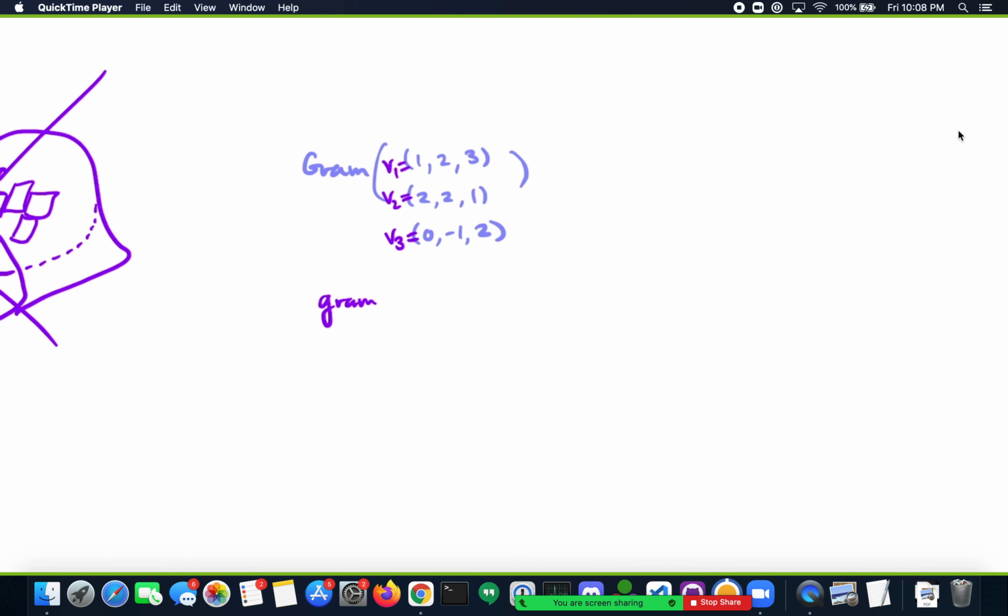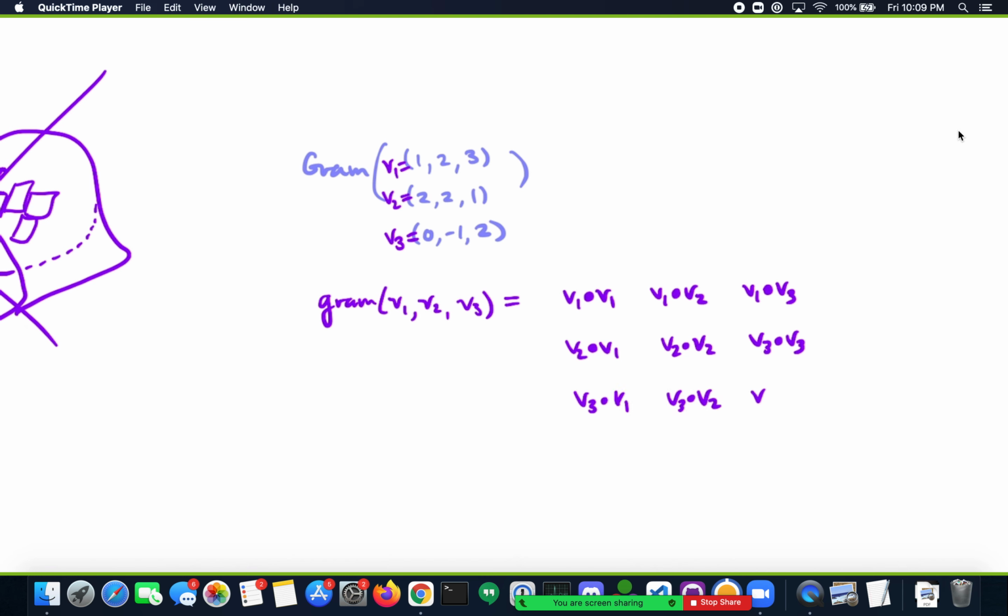The Gram matrix of V1, V2, V3, not W, is the matrix V1 dot V1, V1 dot V2, V1 dot V3, V2 dot V1, V2 dot V2, V2 dot V3, V3 dot V1, V3 dot V2, and V3 dot V3. Obviously, I've messed up. Let's see. This should be V2 dot V3.